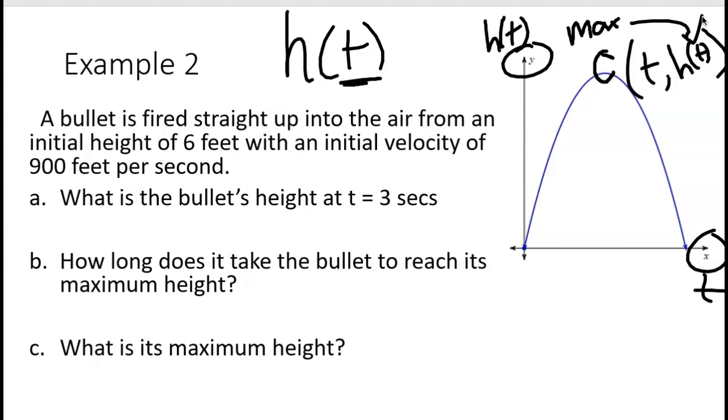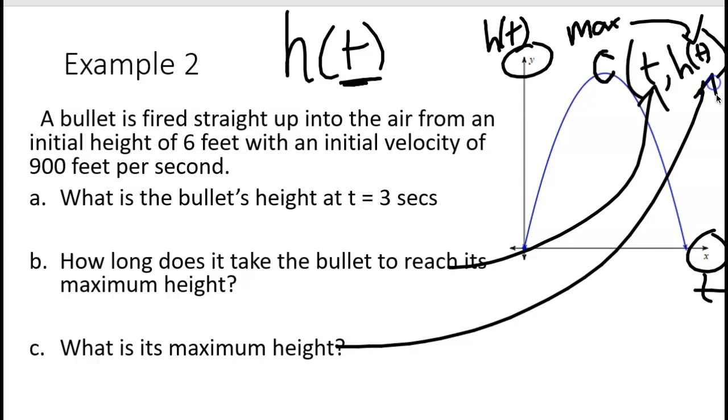Okay. Now part B is asking us, how long does it take to reach the maximum height, and that would be the t value. So if they ask what's the maximum height, they're asking for the y value. If they're asking for how long does it take to reach the maximum height, like on part B, they're asking us to find the x value, or the input value for the vertex.